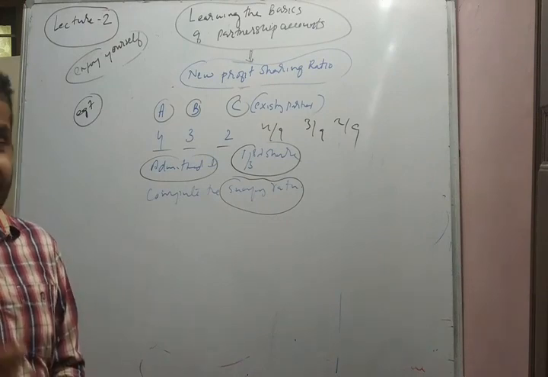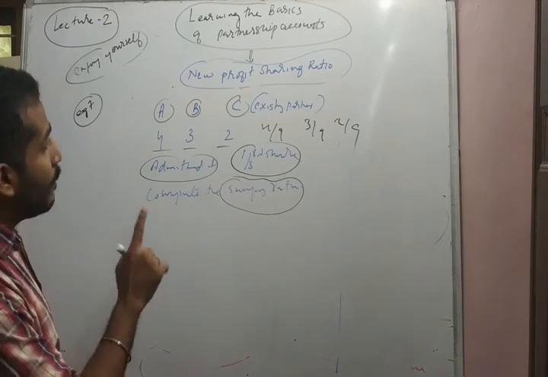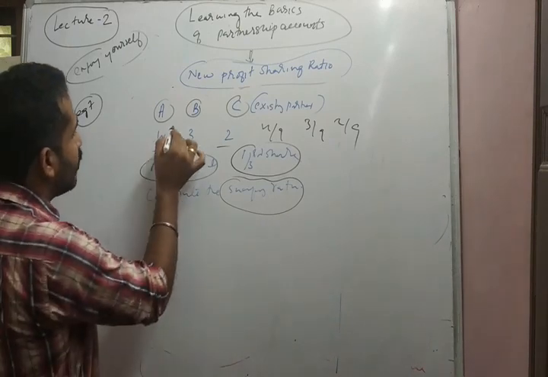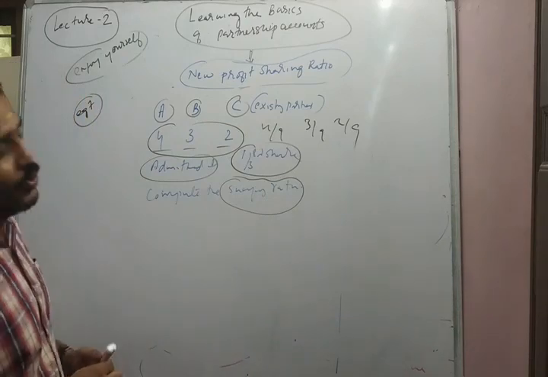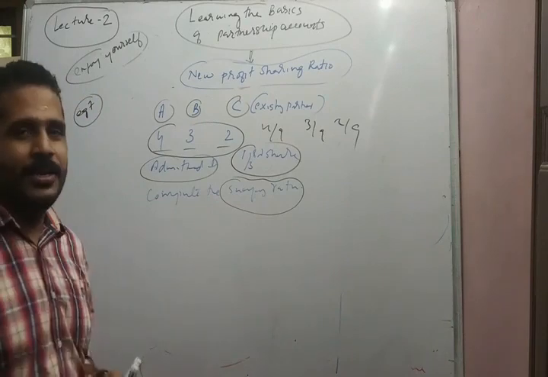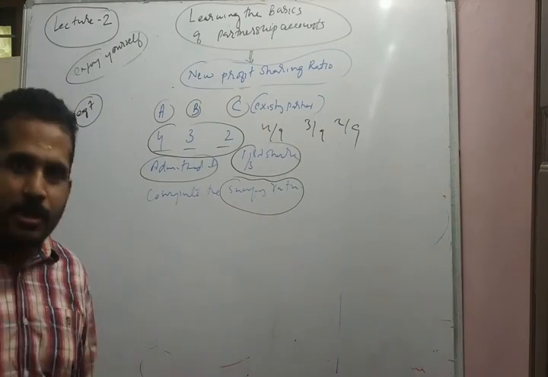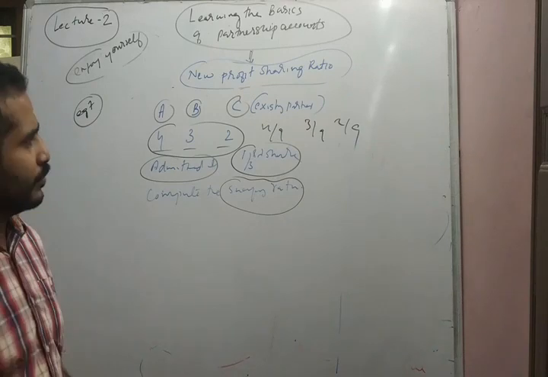In that case, here the sacrificing ratio of A, B and C is as simple as 4:3:2. But for the sake of examination, this simple method is not enough. It is not at all enough, because you will not gain any marks.